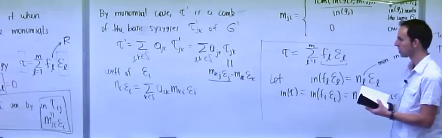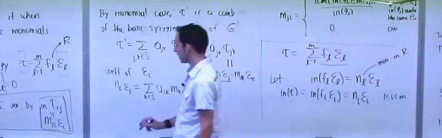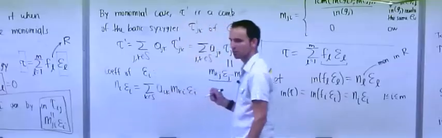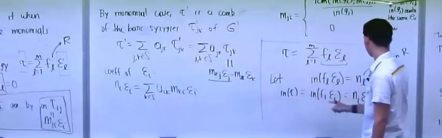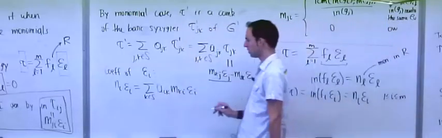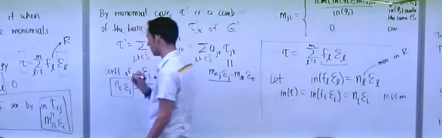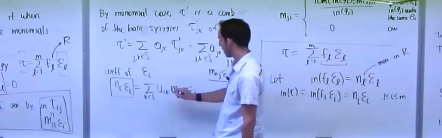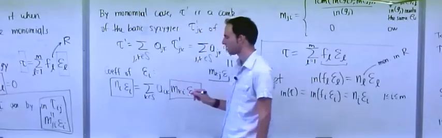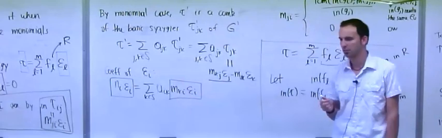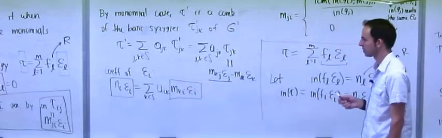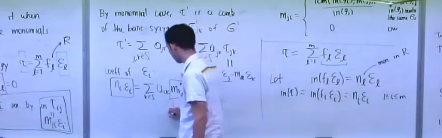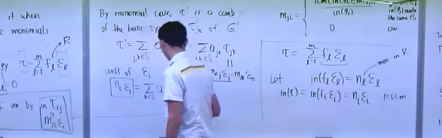Why are we done? Because we needed the initial term of tau to be generated by the initial terms of the tau ij's. The initial term of tau is n_i epsilon i, and the initial term of tau ij is m_ji epsilon i, which is basically the same thing as here, but instead of ki put a j. So basically this proves what I needed.